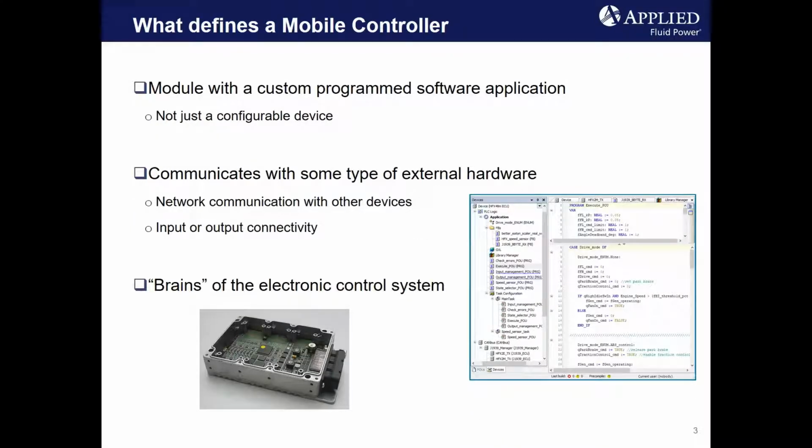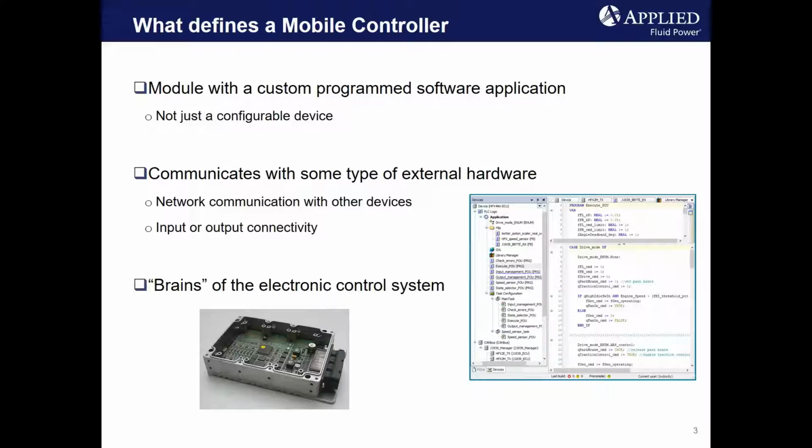So what defines a mobile controller from other modules or devices in the electronic control system? There can be one or multiple mobile controllers within the electronic control system, or one controller with many slave devices or remote I/O modules, making it sometimes a little bit tougher to decipher between the two.